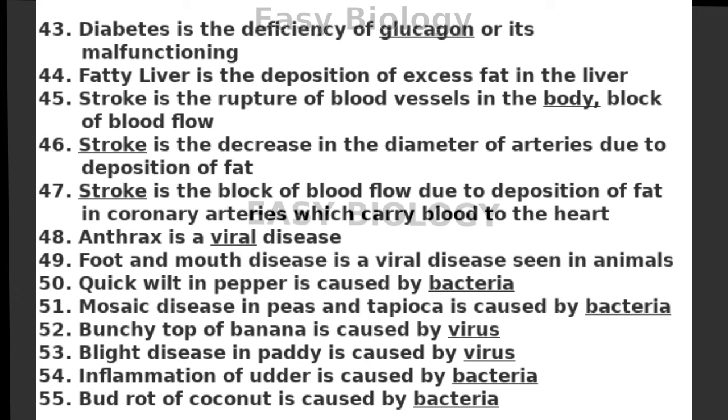The underlined portion is fatty liver. It is a correct statement. Question number 45. Stroke is the rupture of blood vessels in the body, block of blood flow. Here, the underlined portion is body. It is a wrong statement. Stroke is the rupture of blood vessels in the brain, block of blood flow.